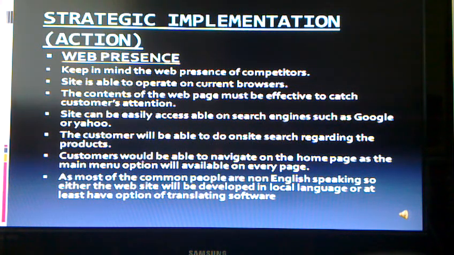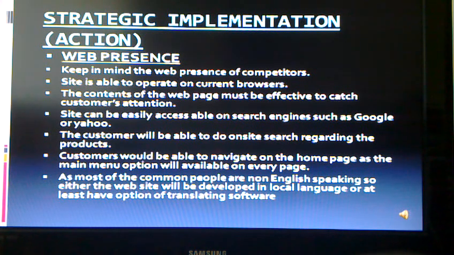When we come to the strategic options implementation, the first important factor will be the web presence, because the company is going to launch its marketing plan on the internet. The company has decided to develop a transactional site where it will be able to deal with all the aspects of buy side and sell side e-commerce.